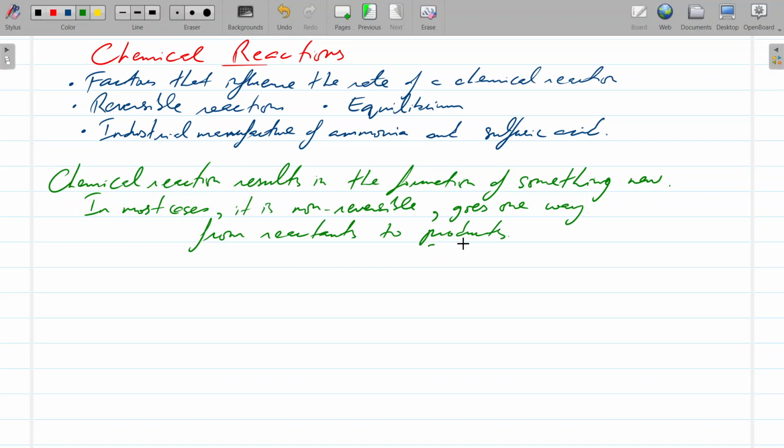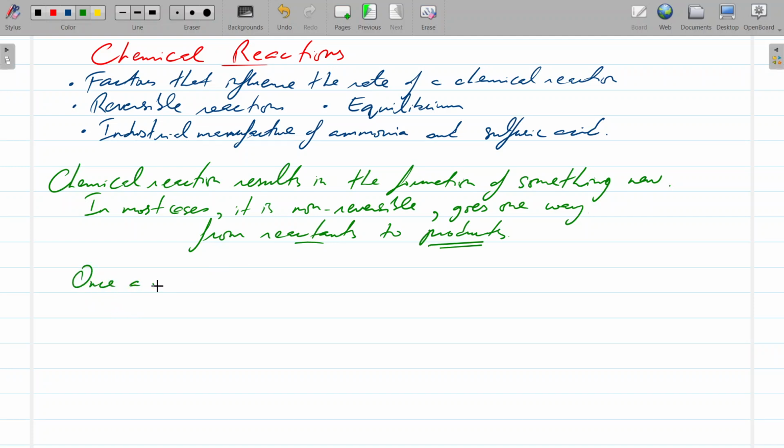And so once you get a new substance, you can't go back easily to regain the initial reactants.